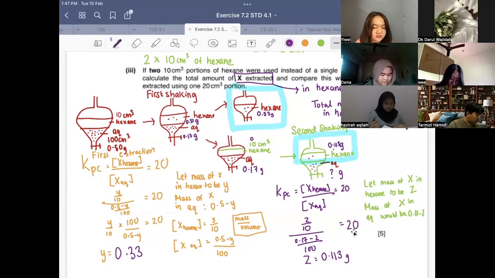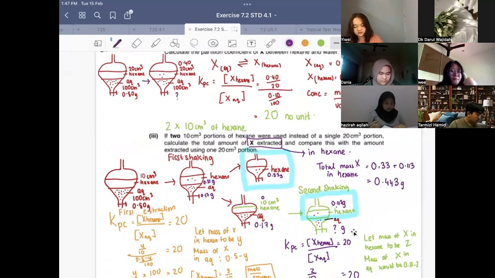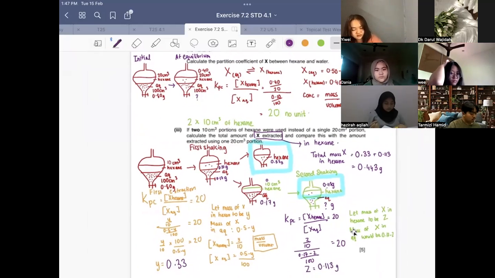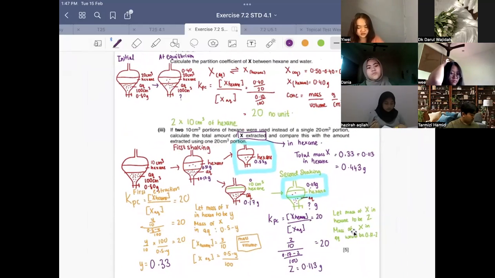Okay, so if you notice between these two processes, they have the same total volume. They use 20 centimeter cube of hexane in total, 100 centimeter cube of water, and also they started with the same mass, 0.50 grams. Can you spot that?